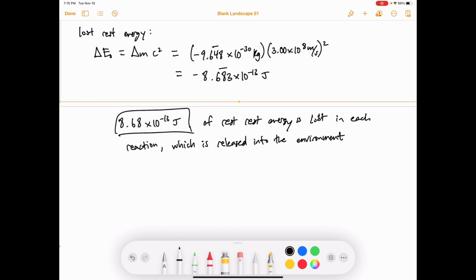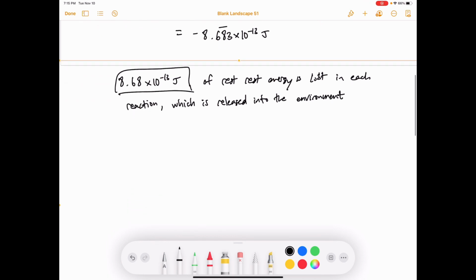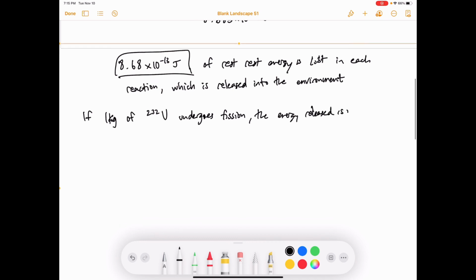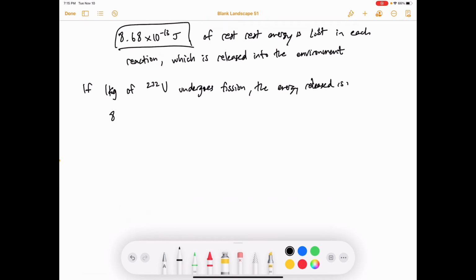Okay, so the next question is, if we have 1 kilogram of this uranium-232 that undergoes fission, how much energy will be released? Well, we know that 8.683 times 10 to the minus 13 joules are released for every atom.